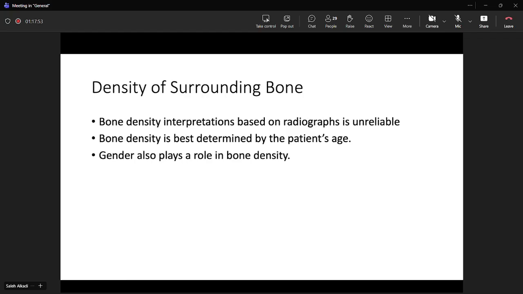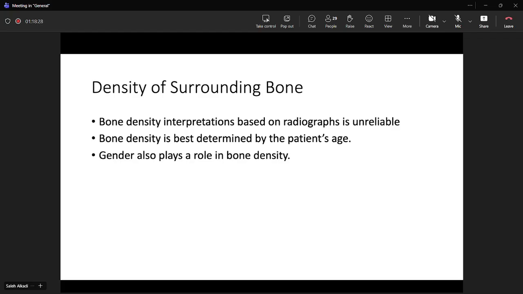As for the density of the surrounding bone, we can't interpret bone density accurately in radiographs. This is not a reliable tool. However, the best predictive factor for bone density is the patient's age. We know the younger the patient, the softer and more flexible the bone, the easier the extraction. The older the patient, the more dense and calcified the bone is, and the more difficult the extraction.